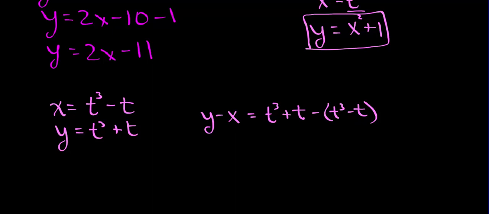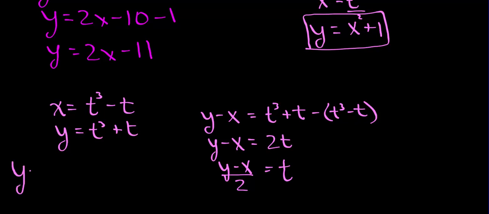Now, let's see what we've got here. We've got 2t equals y minus x. That means that t is equal to (y minus x) over 2. There we go. Now I know what t is, so I can pick either one of these, like y, for example.